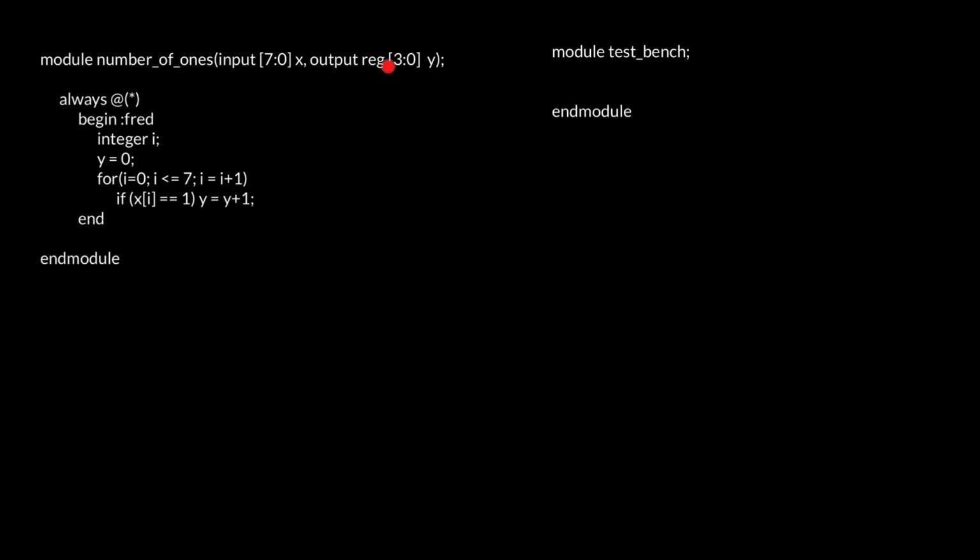Well, I need 4 bits, which is why it goes from 3 to 0. If I had put in 2 to 0 here, then if x was all ones, the value of y you would think is 8, but because you only had 3 bits here, it would wrap around and y would actually be equal to 0, and you'd wonder what was going on.